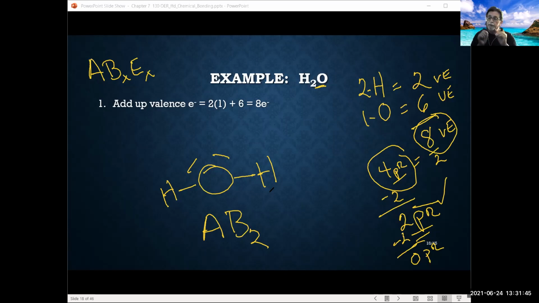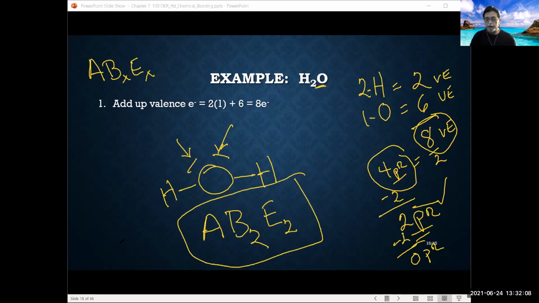Now we look for E. E is only for the central atom, because you can have lone pairs on the other atoms, but we don't care about those. We only care about what's on the central atom. So on the central atom, sure enough, we got 2 lone pairs. So E becomes E2. That's our general formula.